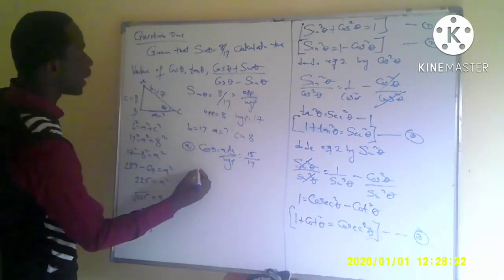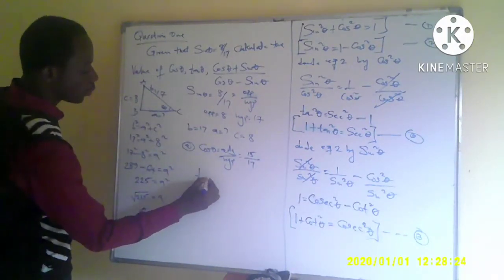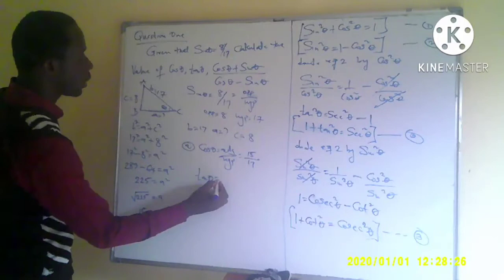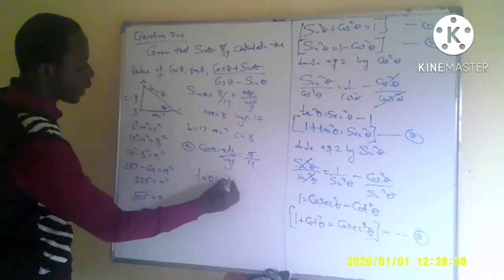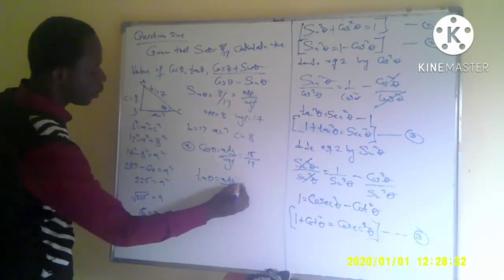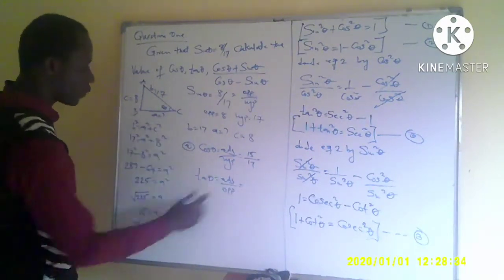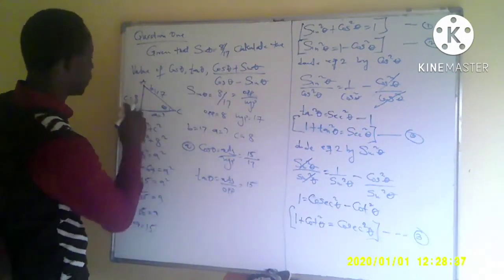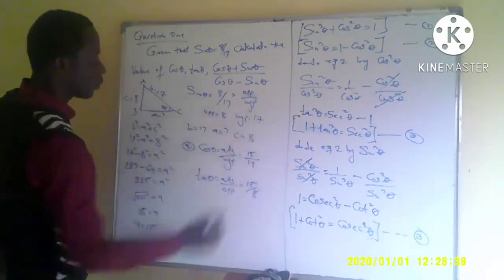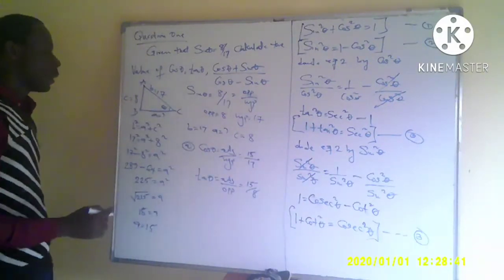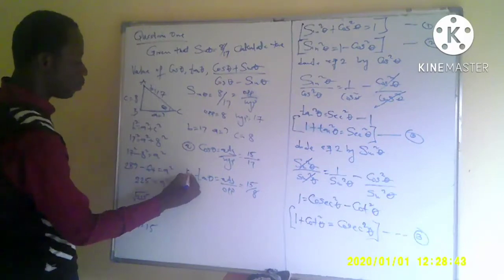Now they say, what's the tan? Tan theta is adjacent over opposite. What's the adjacent? Adjacent is 15. What's the opposite? 8. So it's 15 over 8. So we've gotten it now. That is for B.